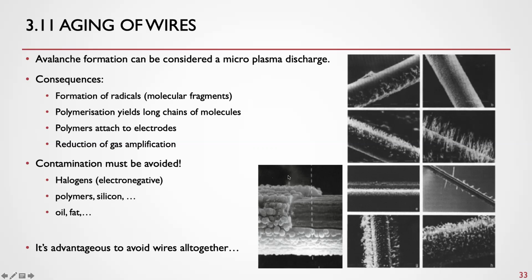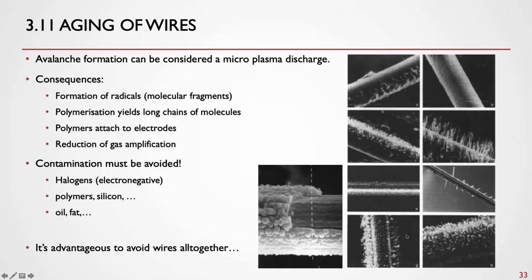The polymers, in particular if organic gases are used, can attach to the electrodes and reduce or change the gas amplification. The contamination, of course, must be avoided. These are large assemblies. There are different kinds of metals and plastics involved, and oils and fats, and all these may leak into the gas, which ideally can be purified, but will always be present at a low rate, and that rate has to be kept to sustainable levels.